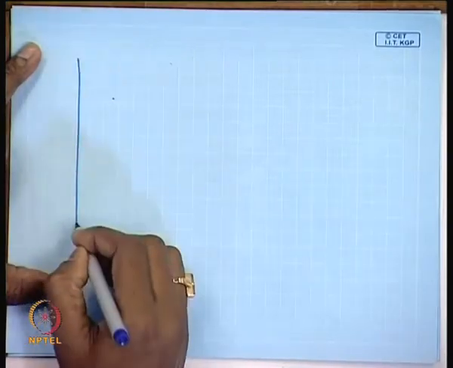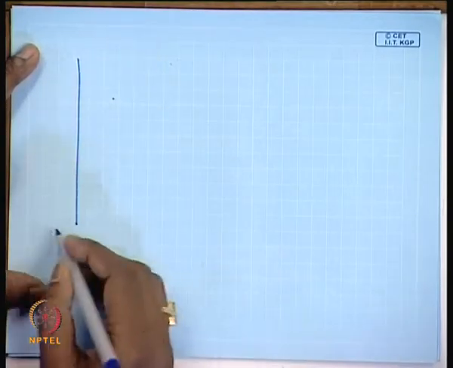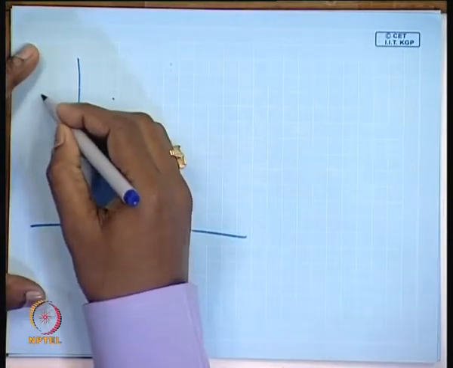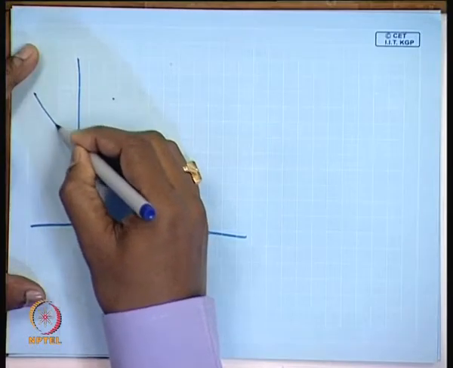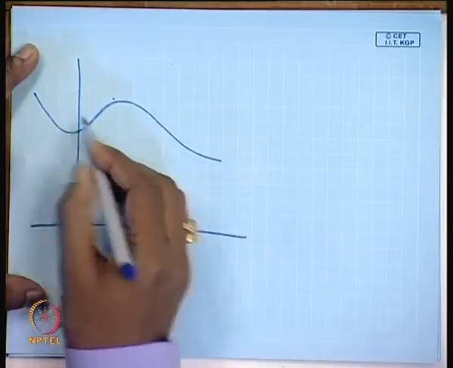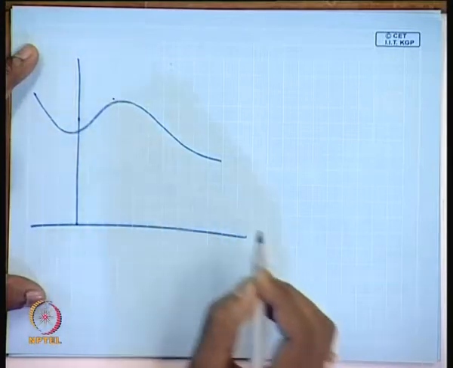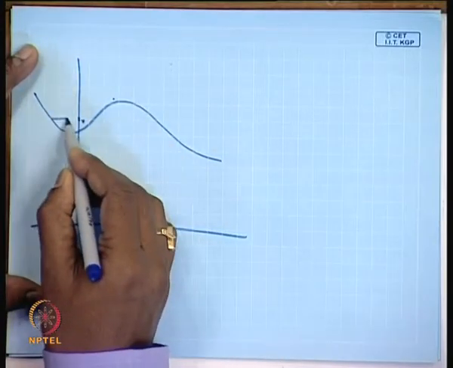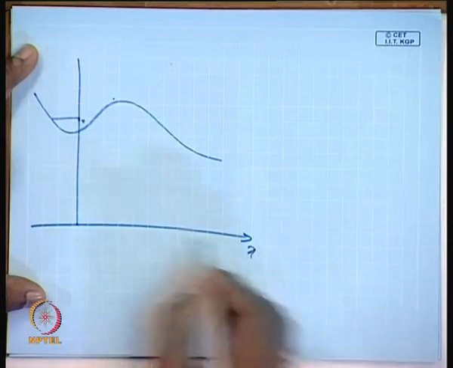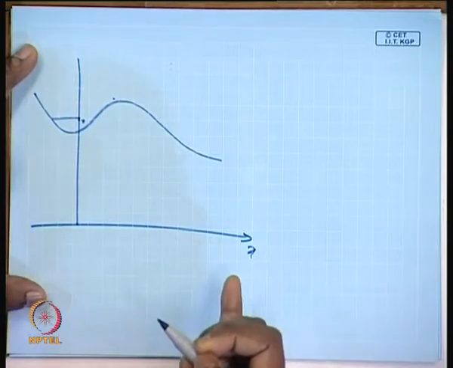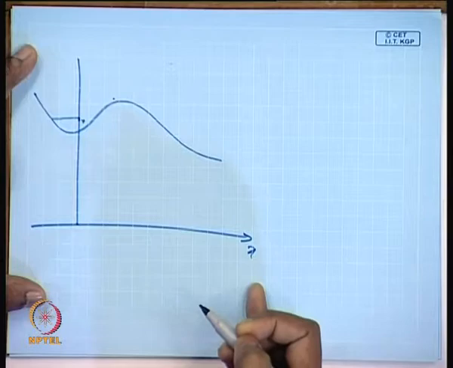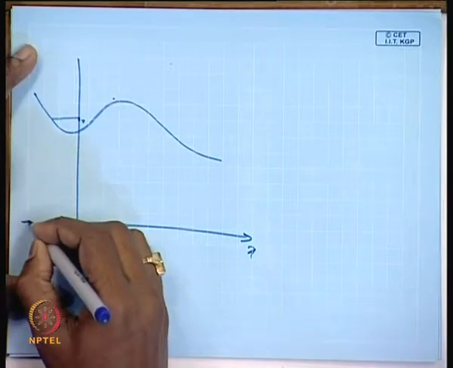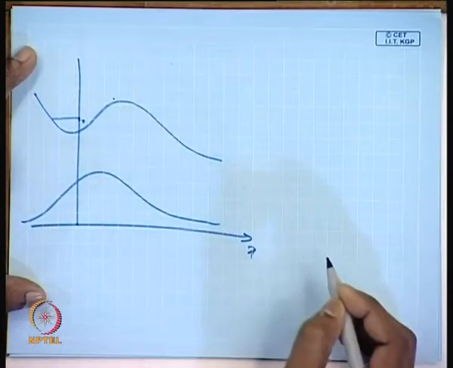So this is the location of y, and this is x, and the PDF, that is f_X(x), is known, and let us say that f_X(x) is like this.